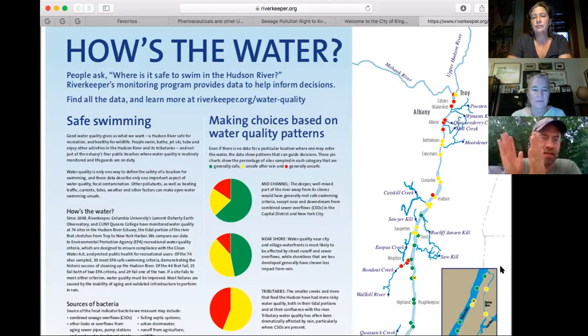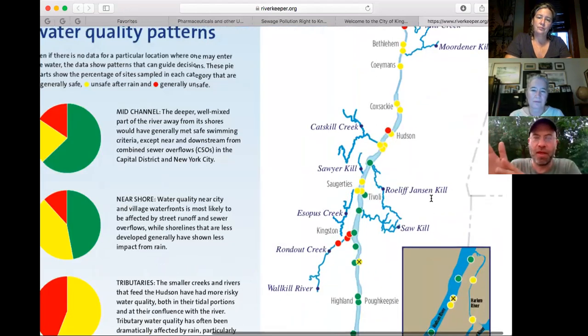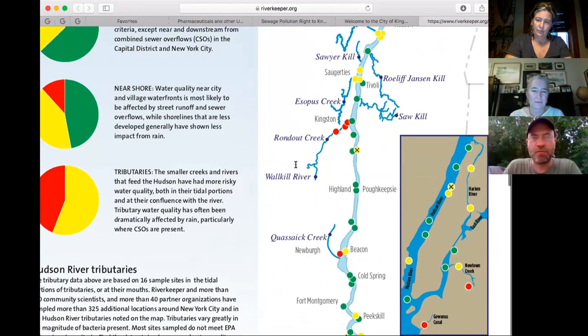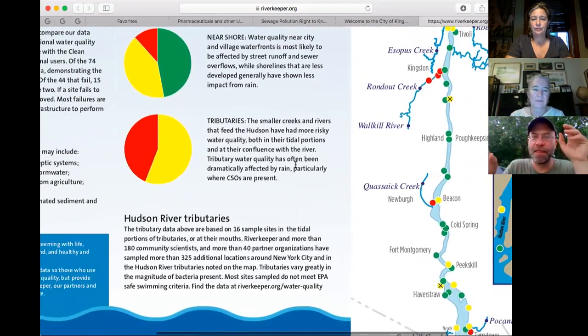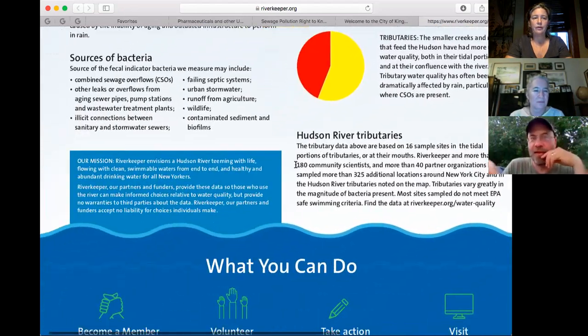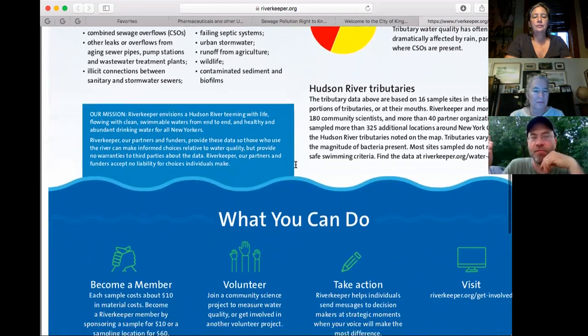We see, for instance, that away from the shorelines in the Hudson River, except in the Capital District where we have all those overflows, the water quality is often good, even after rain. The shorelines are often good, except right after rain. The tributaries are often risky after rain, or in some cases, higher risk all of the time.